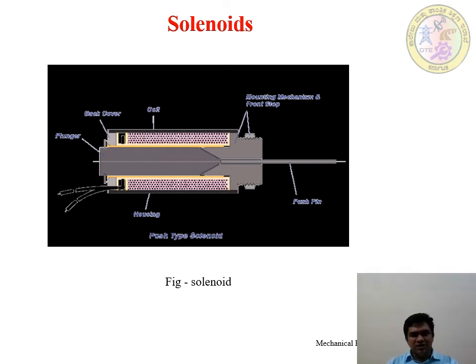Solenoids are another electrical actuation system, and solenoids are a piece of wire wound in the shape of a coil. When we place a metal core inside the coil and pass an electric current, the coil generates a magnetic field, and the lines of magnetic field are concentrated on the metal core, which in turn increases the induction of the coil.